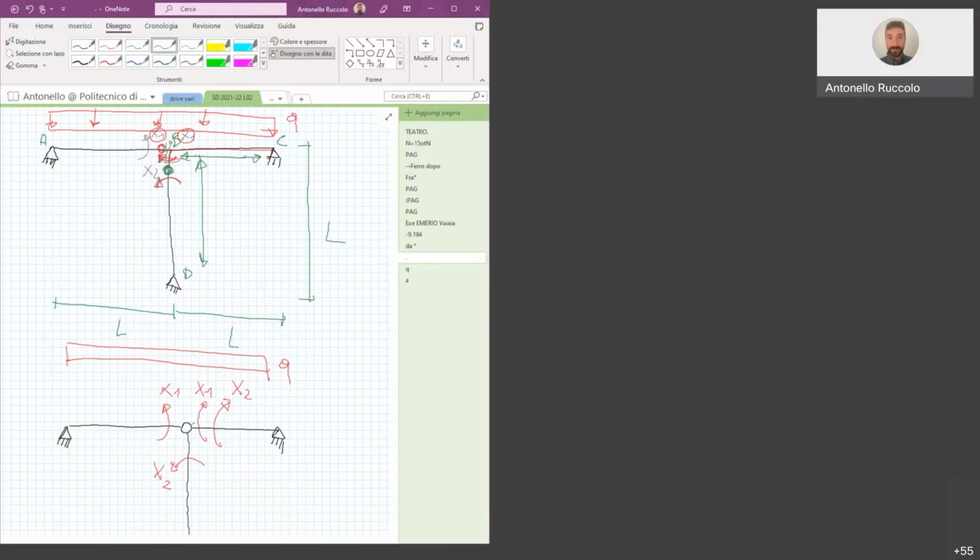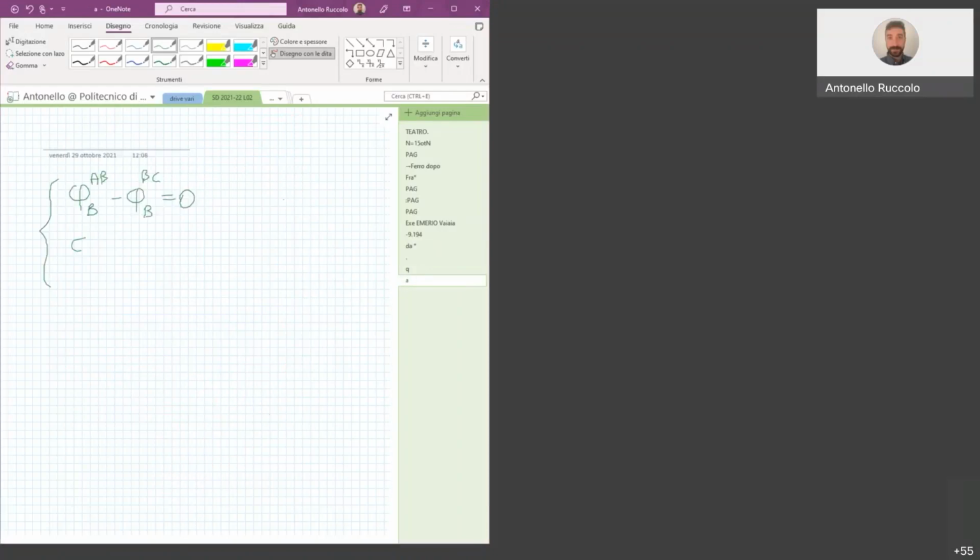So we are removing this constraint. So phi B BD minus phi B BC is equal to 0. At the beginning, we remove restraints, and then we restore them, simply applying our compatibility equations.